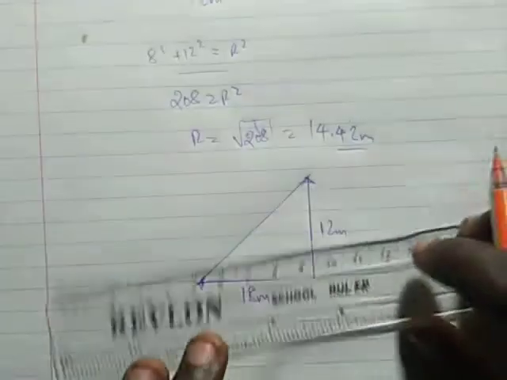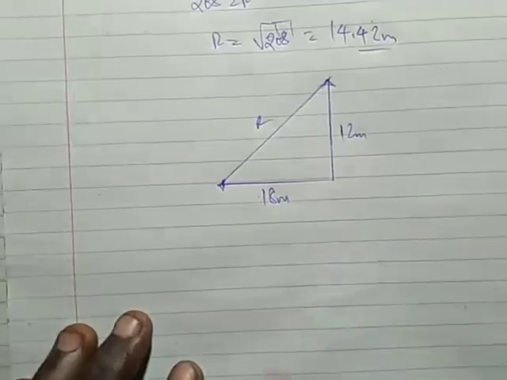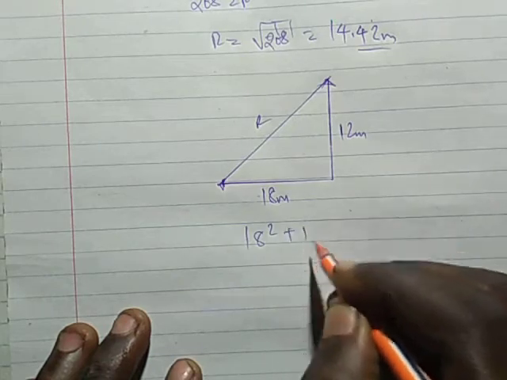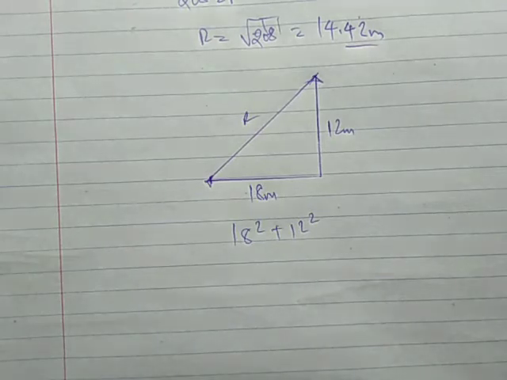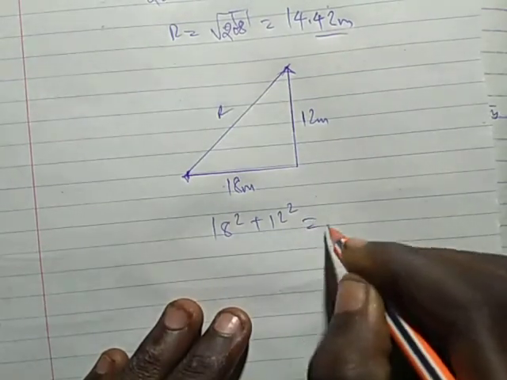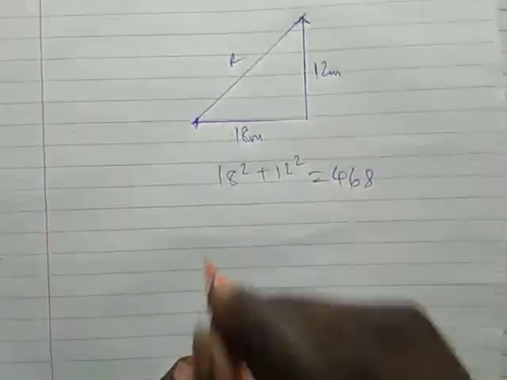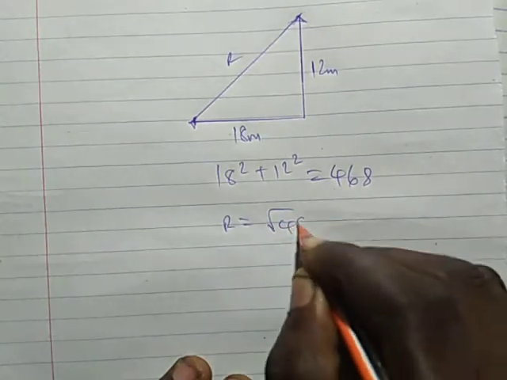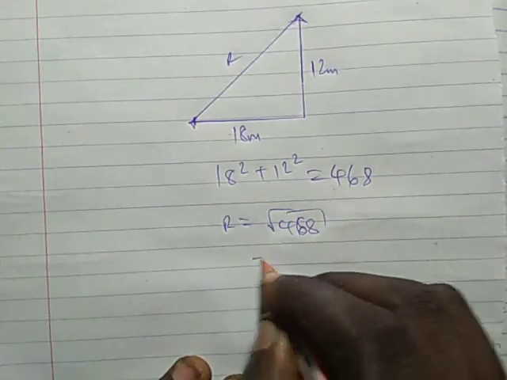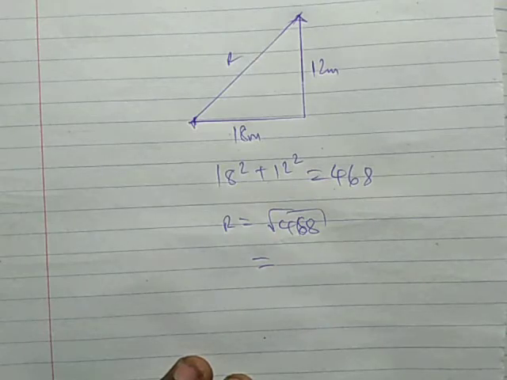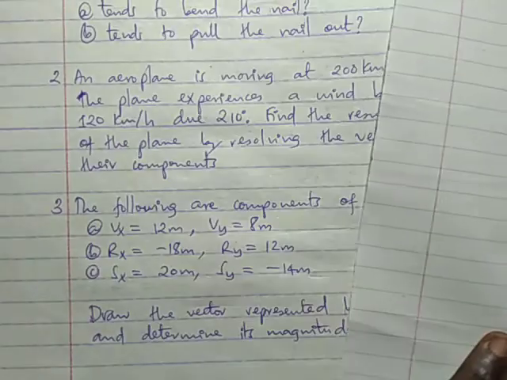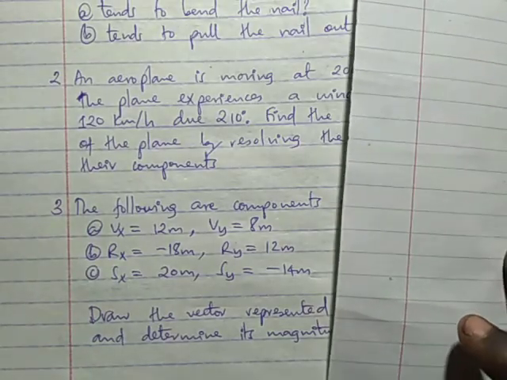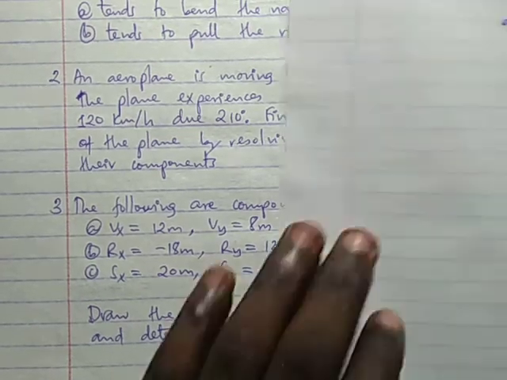So from there tutatumia Pythagoras theorem, 18 square plus 12 square. Napata 468, ambayo r itakuwa square root of 468 by Pythagoras theorem, ambayo tutakuja kupata final ni 21.63.